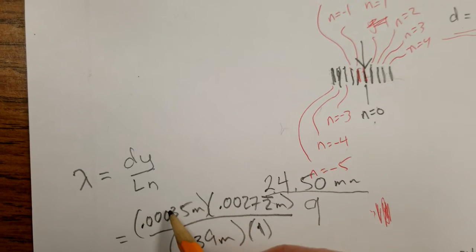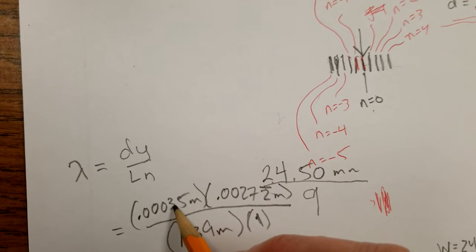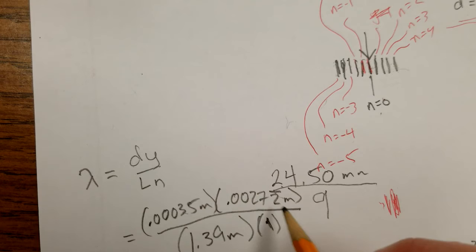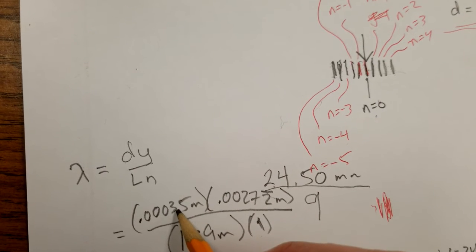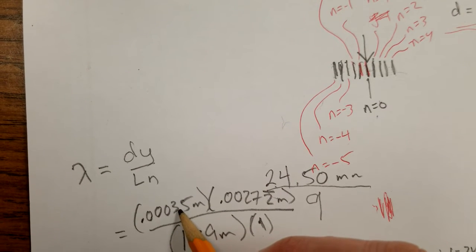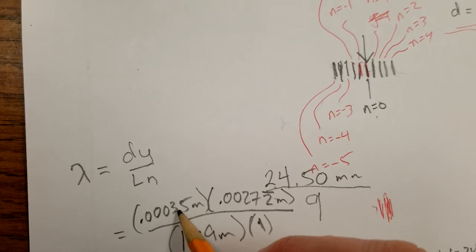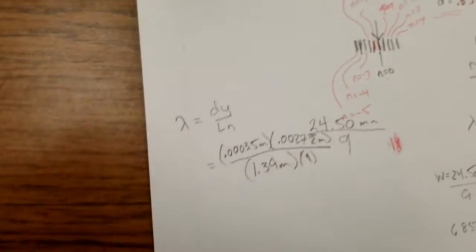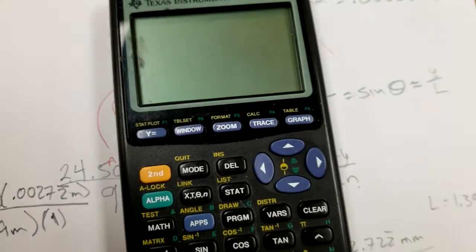In other words, this distance is the distance between 2 sequential lines. If n had been 2, I would want the distance between the outer 2 of 3 lines. So, plug it into our handy calculator.